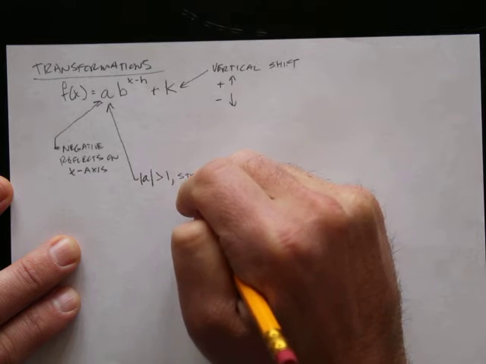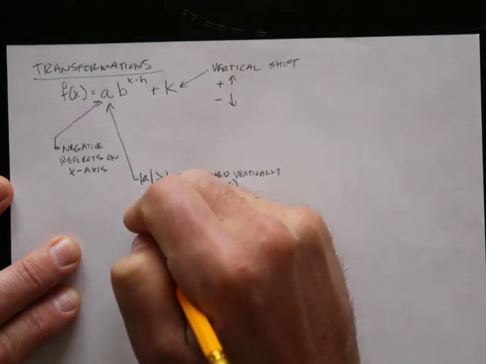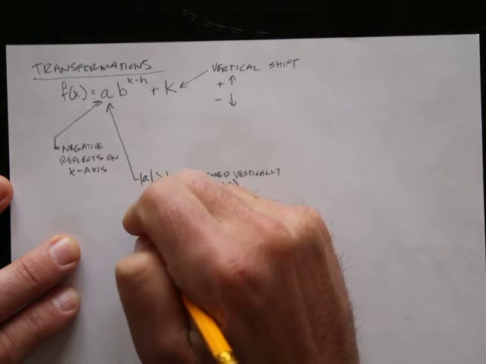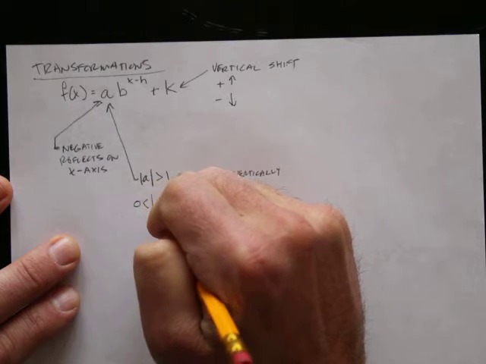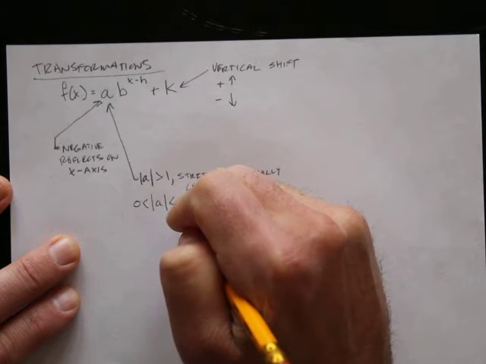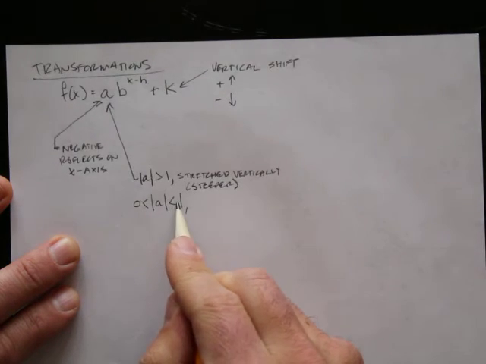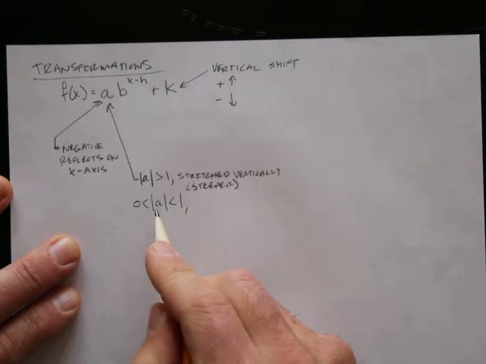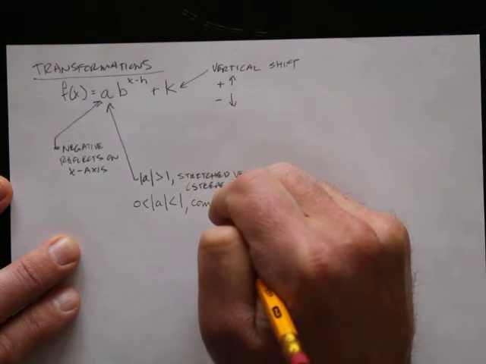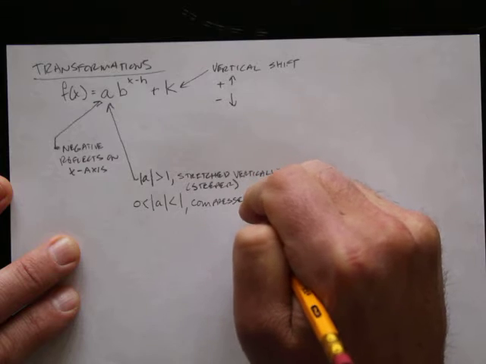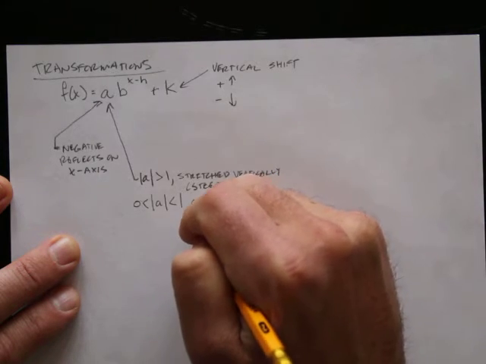So it gets steeper. If the absolute value of a is between 0 and 1, as in it's a fraction between 0 and 1 or 0 and negative 1, this is compressed vertically, meaning it gets flatter.